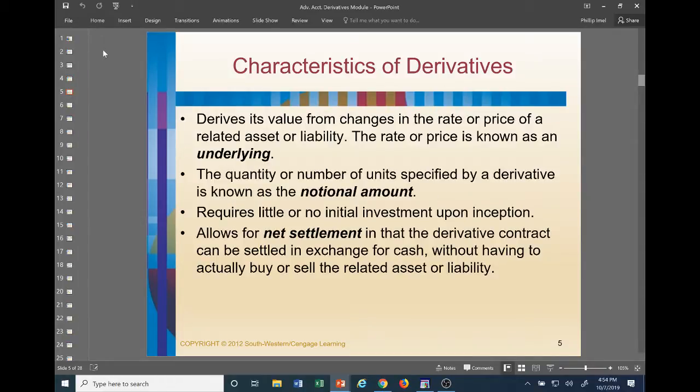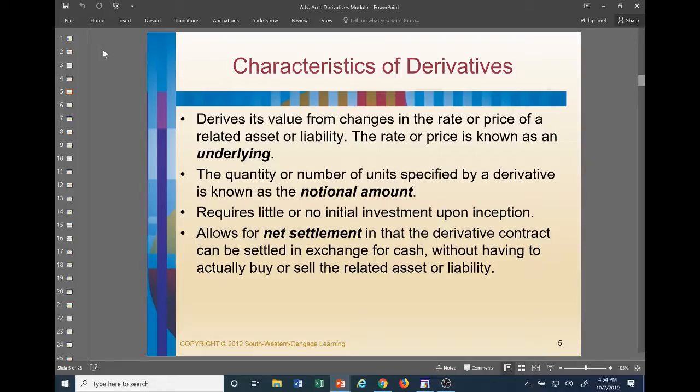So what are some characteristics of derivatives? A critical characteristic of a derivative, and the basis for its name, is that the instrument derives its value from changes in the value of a related asset or liability. The rates or prices that relate to the asset or liability underlying the derivative are referred to as underlyings.